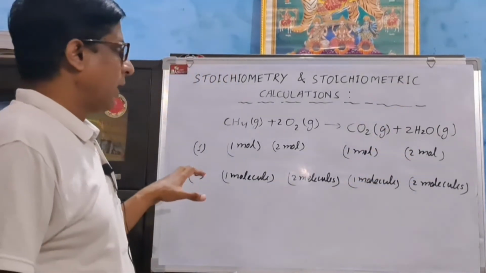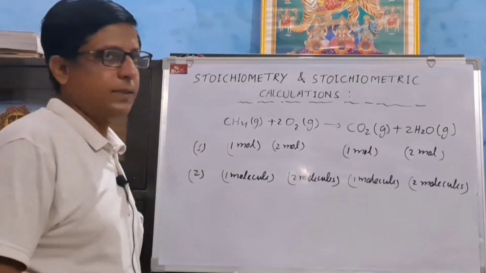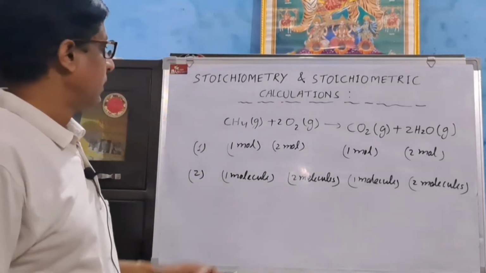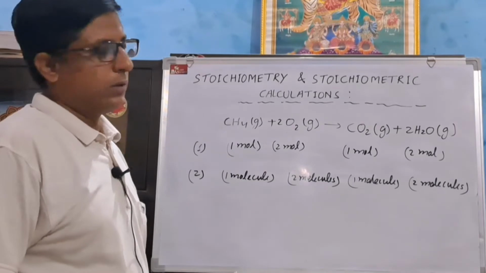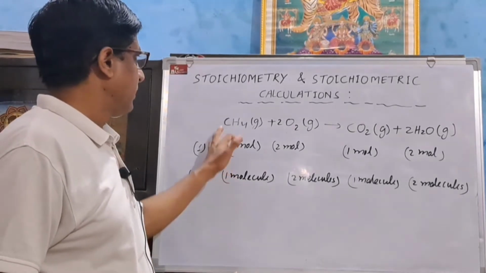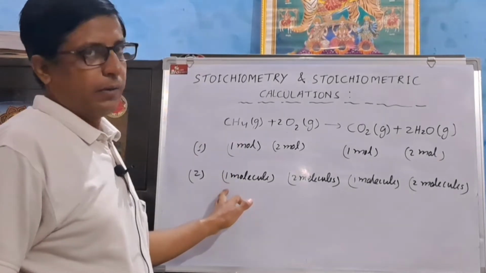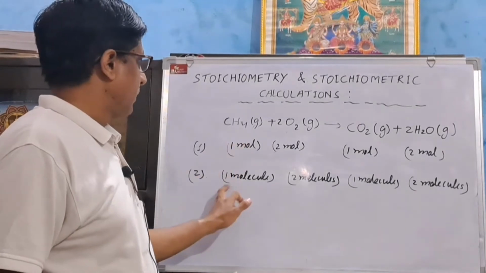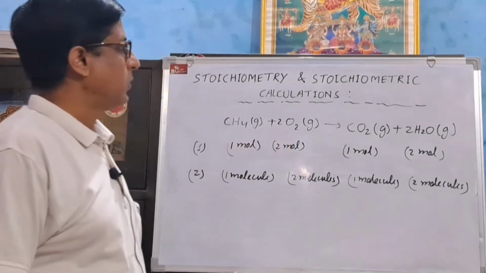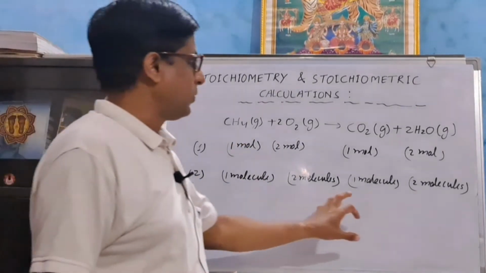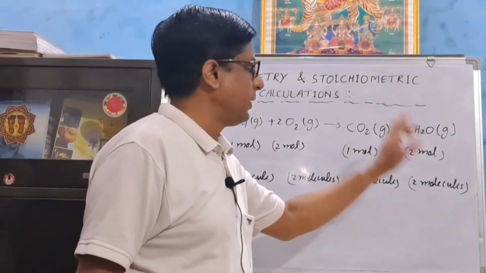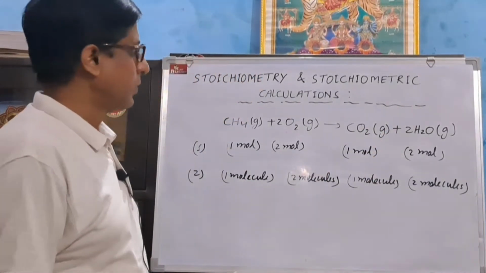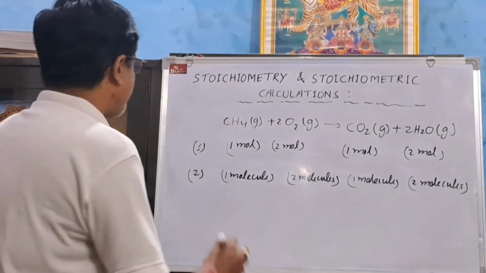Thus, we can also interpret this equation in terms of molecules. In case of reactants, 1 molecule of methane reacts with 2 molecules of oxygen to produce 1 molecule of carbon dioxide and 2 molecules of water vapor.